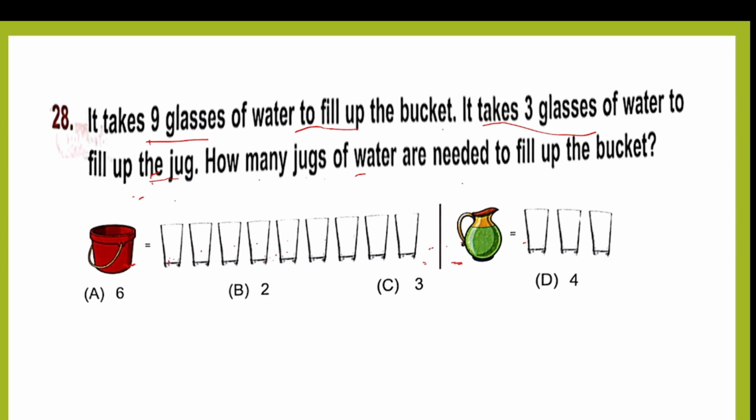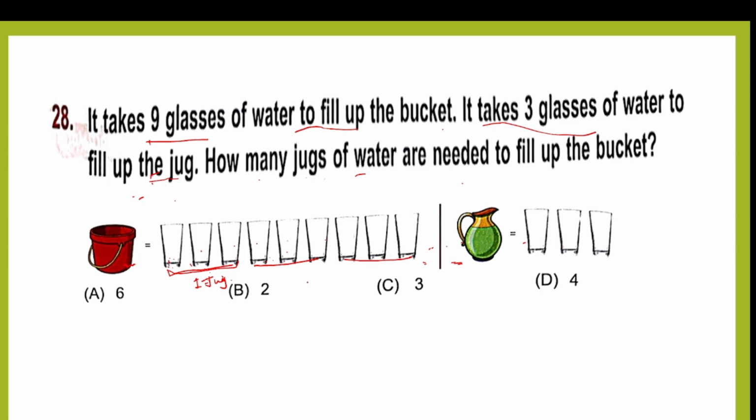So to fill this bucket, we have to pour 3 glasses at a time. That means this is the size of the jug. We can make a group of 3 glasses so that we can find out the quantity of one jug. So this is the quantity of one jug, that is 3 glasses, another 3 and then another 3.